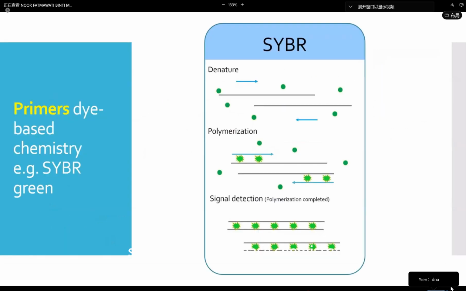So primers, dye-based chemistry. This is the labeling of the tool. So you label your primer, or it can be a probe as well, with a labeling compound.